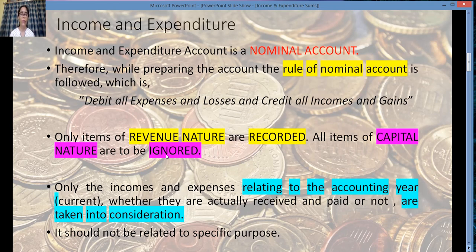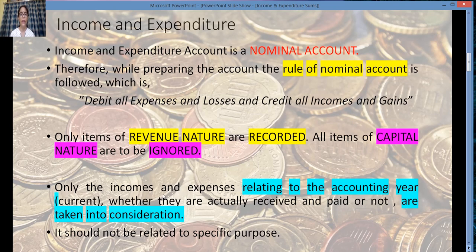Only revenue nature items are recorded in this particular account, and all capital items are to be ignored. So when we calculate the income and expenditure, other than that showing in the income and expenditure account, we have to also keep this into account: most importantly, we only take into calculation the information which is relating to the current financial year or current accounting year in which we are dealing, and anything relating to the previous year and future year is to be ignored.